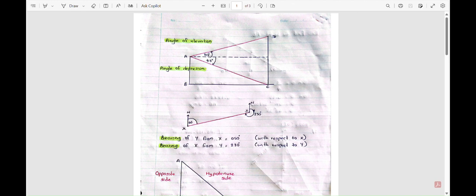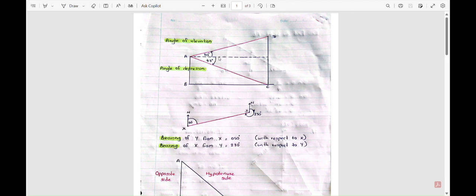So elevation means we are always looking at something above our eye level. Then, what is meant by the angle of depression? That means we are looking at something that is below our eye level. Now let's think, here there's a cat. Amal is on the building and here's a cat. If Amal is looking at the cat, this is his eye level. From this eye level, he has to look down, right?